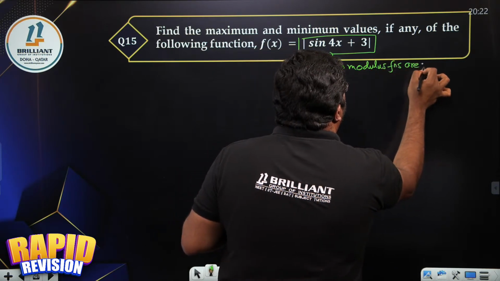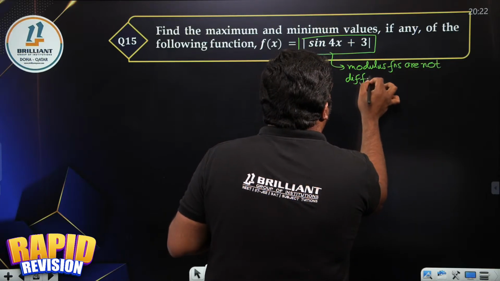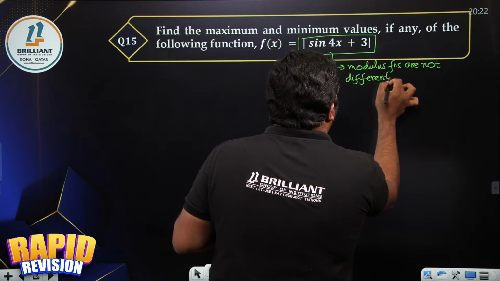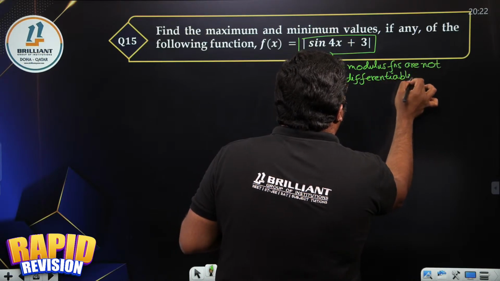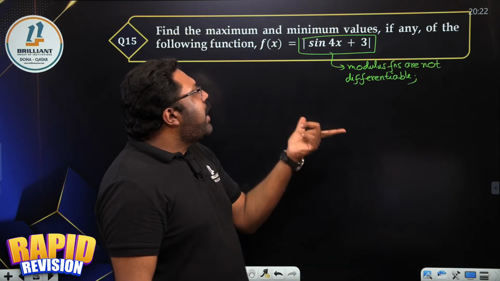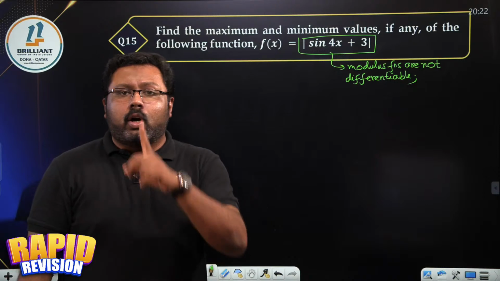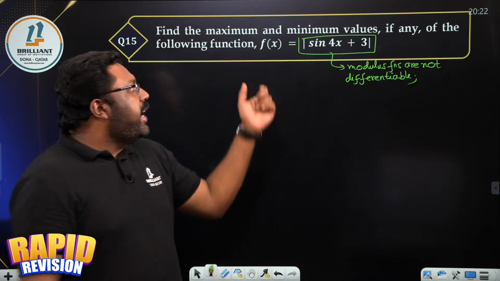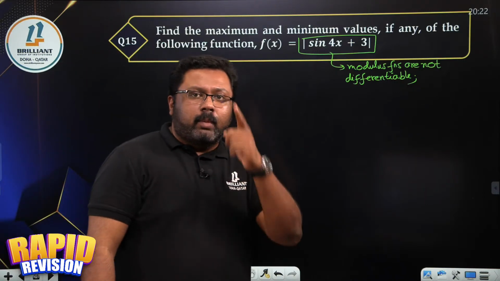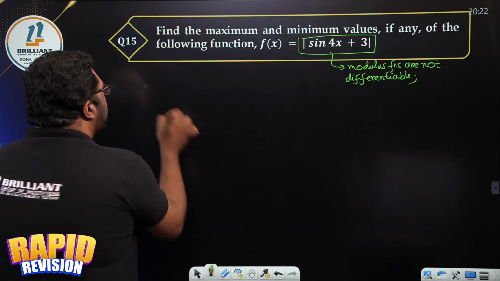Modulus functions are not differentiable. If I say exactly, modulus functions are not differentiable for the value of x which makes it 0. Not all values of x. The values of x which makes the modulus function 0 is the point where modulus functions are not differentiable.